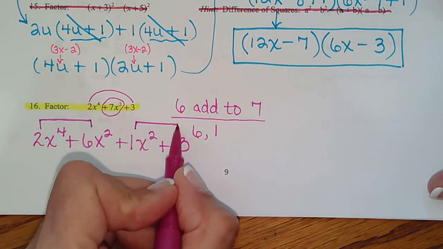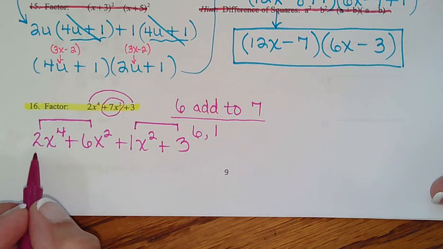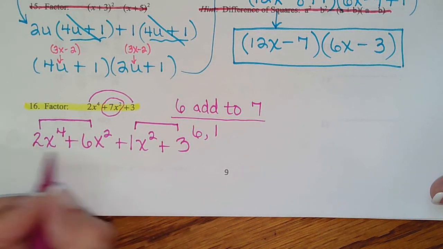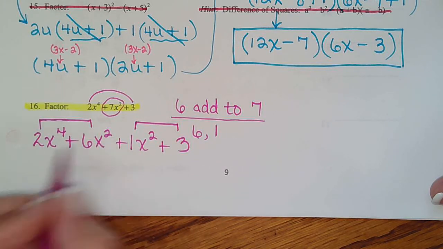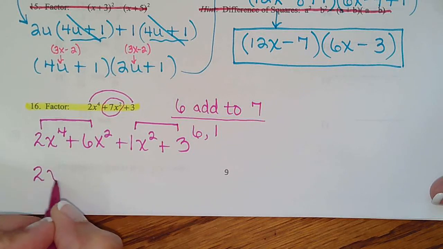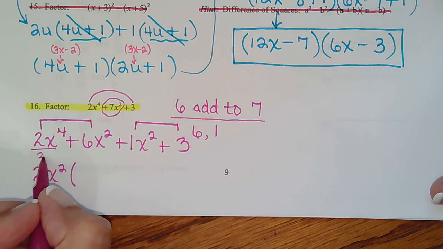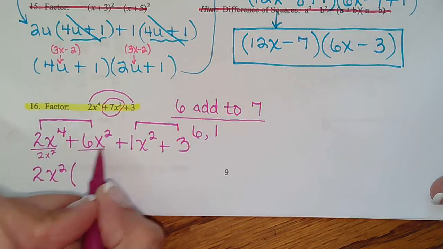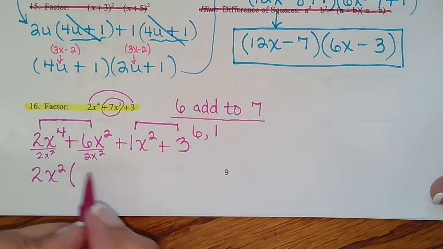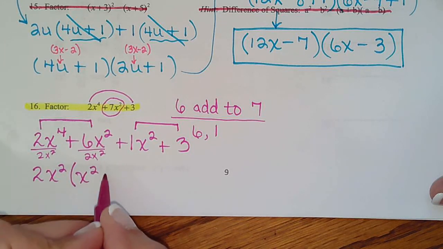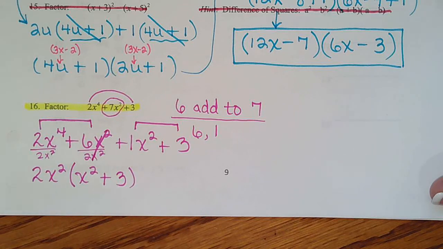So then we can jump into grouping. So what is common? We have a 2, and taking our smallest exponent would be x squared. And then when we divide by 2x squared, divide by 2x squared, we get 1x squared plus 3, because x squared divided by x squared cancels.